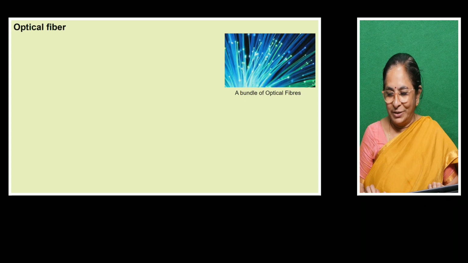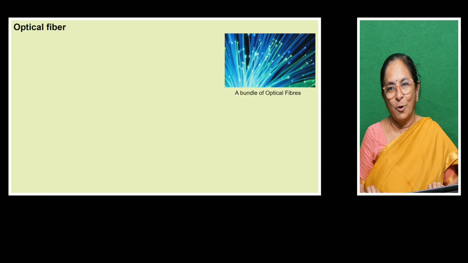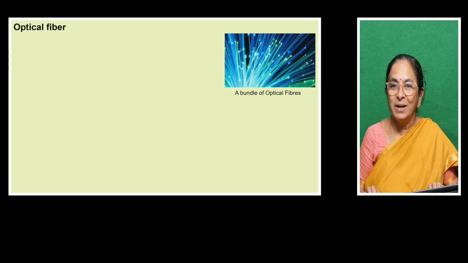So this picture depicts a bundle of optical fibers. What are called optical fibers? Optical fibers are waveguides in which light energy is transmitted with minimal energy loss. Waveguides means tubes, thin transparent tubes in which the light waves will be guided to travel from one end to the other end.